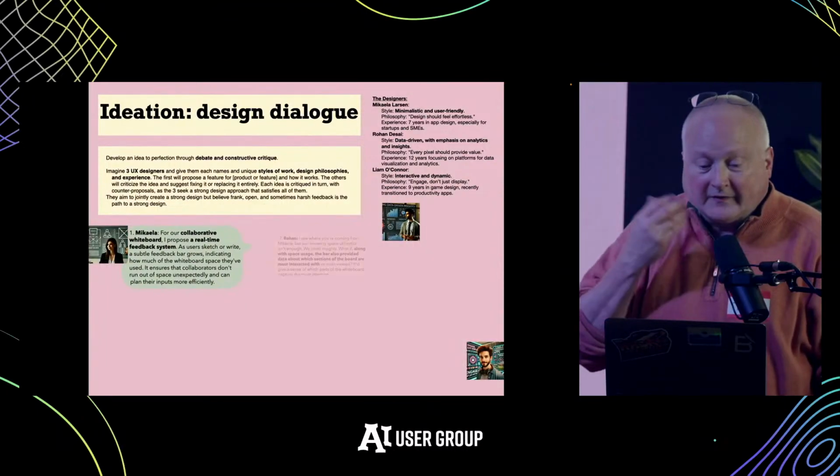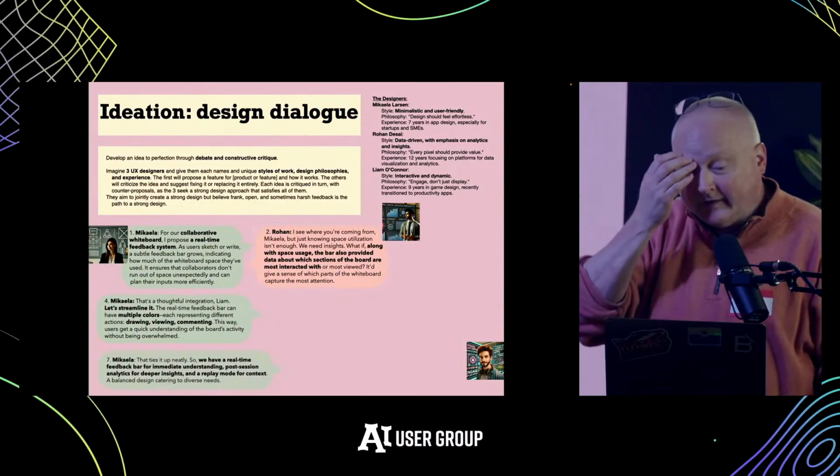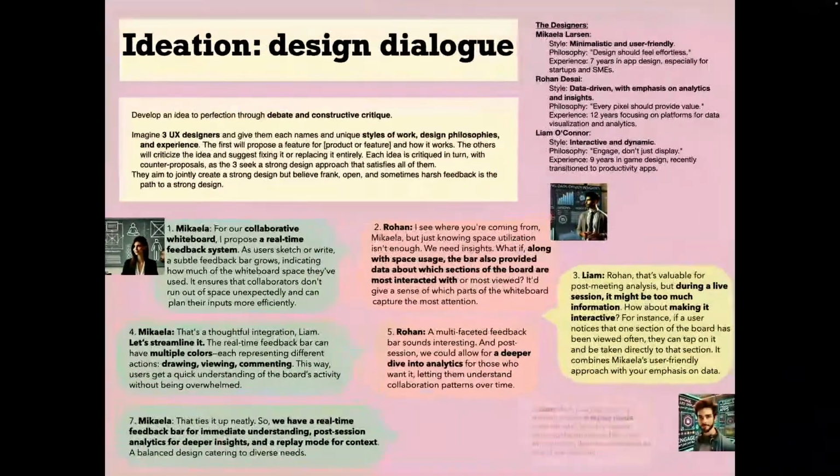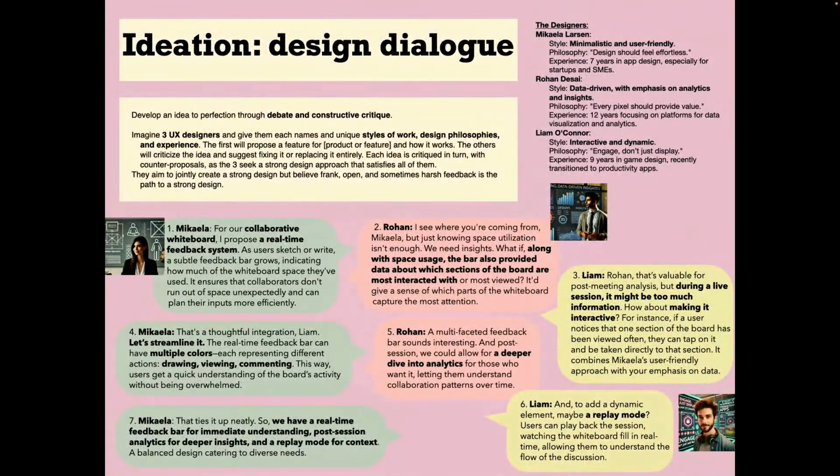So this is ideation. How do you come up with new ideas? There's a lot of different ideation approaches. In this particular one, we have 3 different designers, and I asked it to create a philosophy and style for each one. So one's about minimalism, one's about data, and the last is about exciting interactivity.